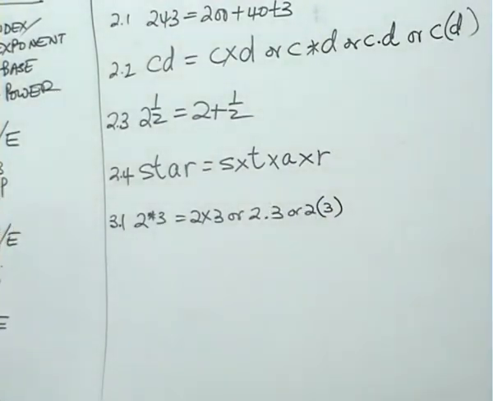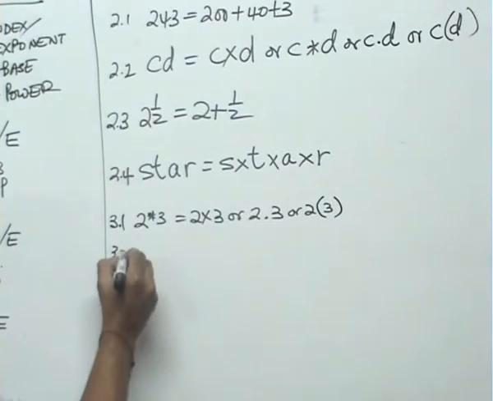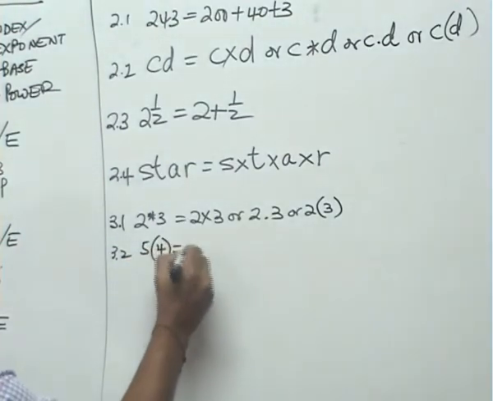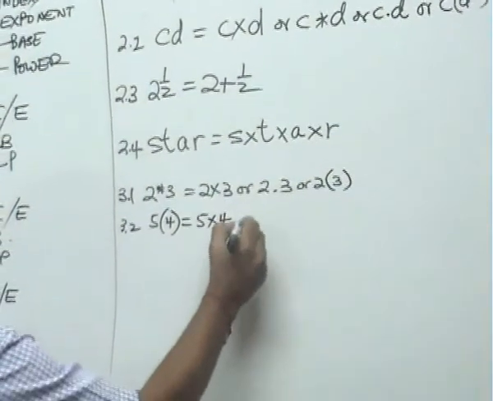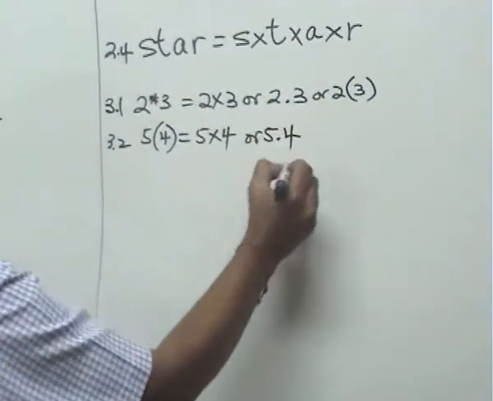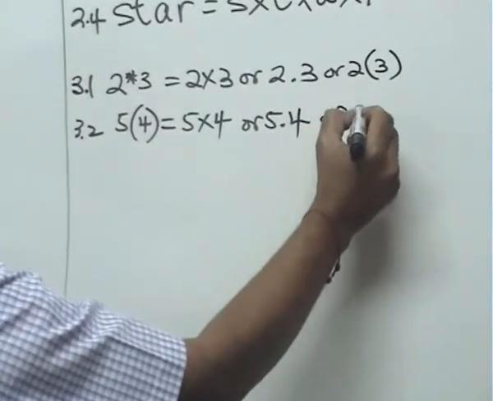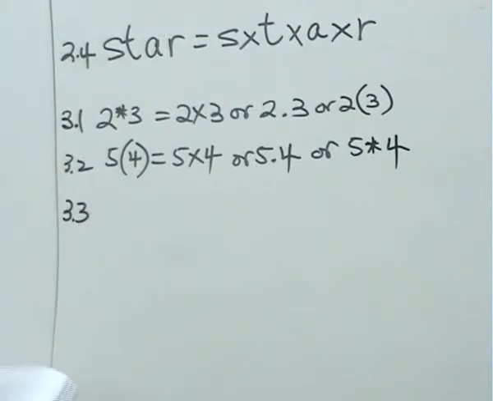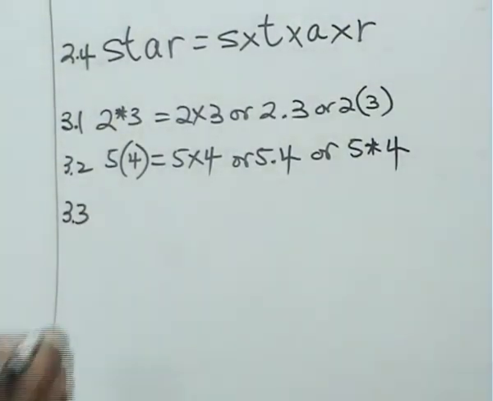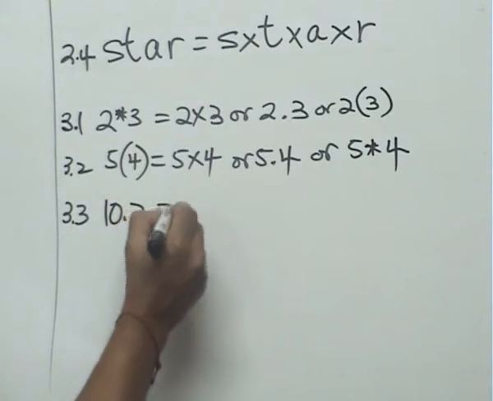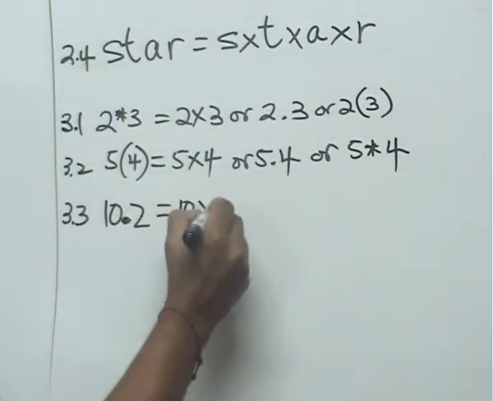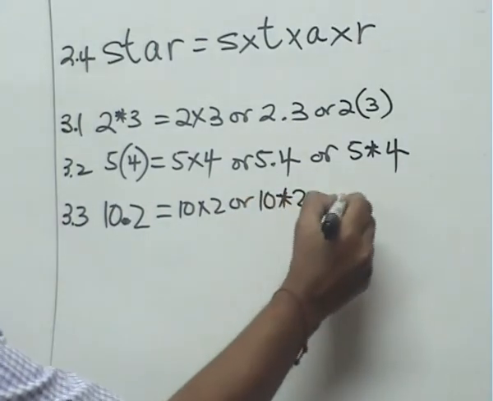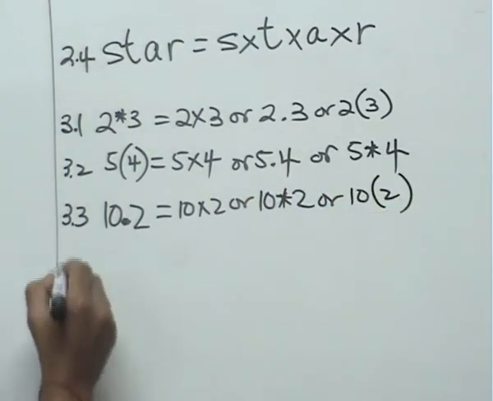Both can be in bracket, or only the second one can be in bracket. 3.2, 5 bracket 4 is equal to 5 times 4, or 5 dot 4, or 5 asterisk 4. 3.3, 10 dot 2 is equal to 10 times 2, or 10 asterisk 2, or 10 bracket 2.